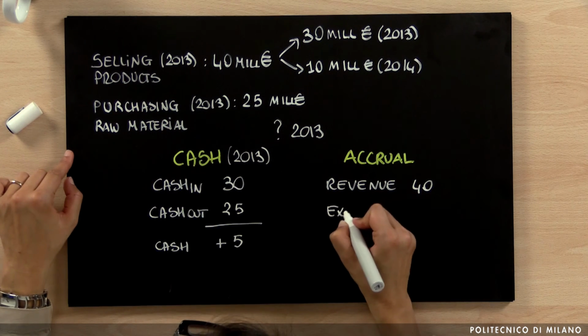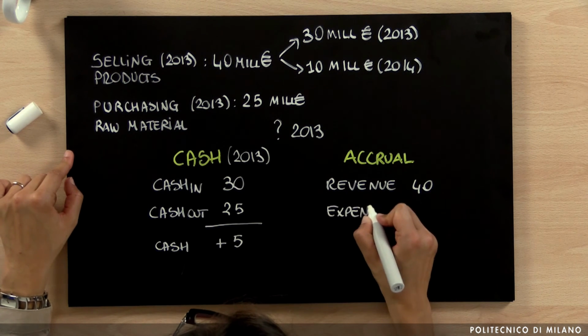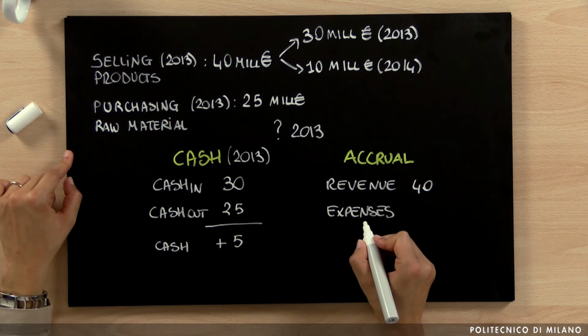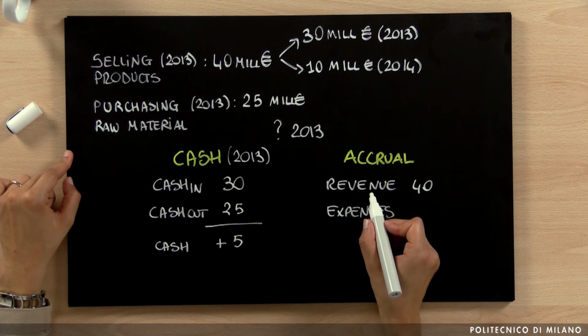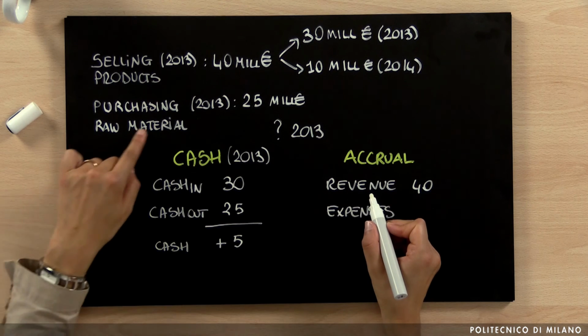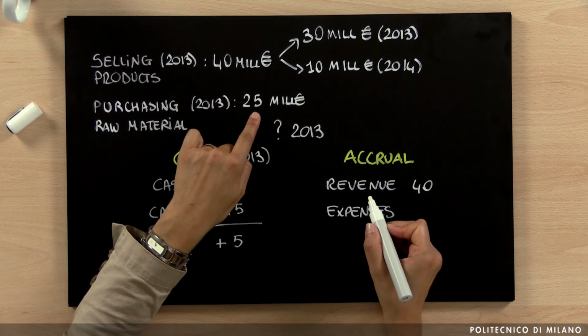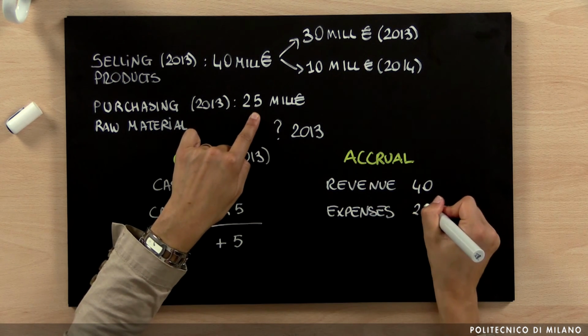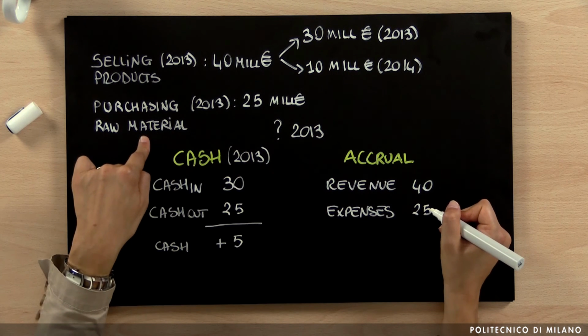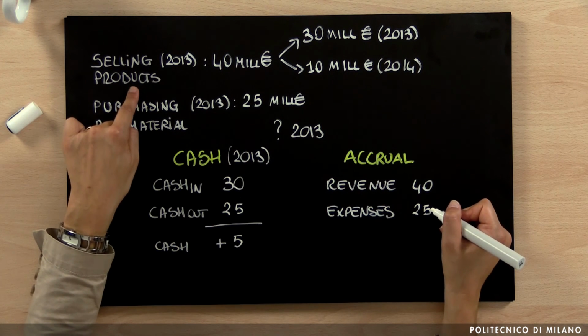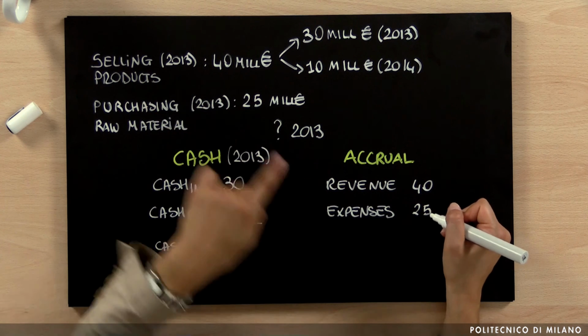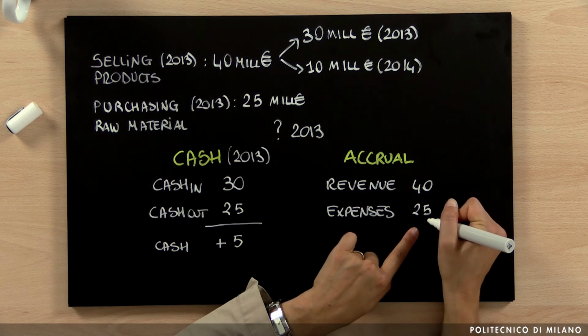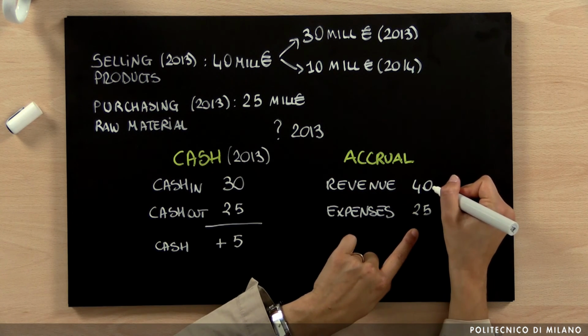And then we need to identify the expenses. So what's the value of the resources required in order to realize this revenue of 40? We can look at this here. It is 25 million. So 25 million euros of resources were required in order to sell these 40 million euros.